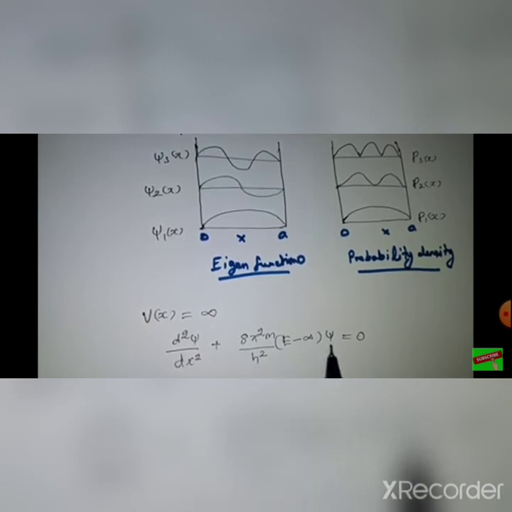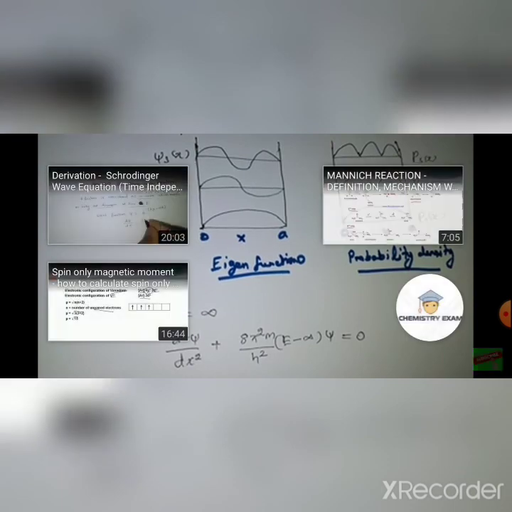Then our equation for one dimension becomes: the first term is d square psi by dx square and the second term is 8 pi square m by h square into (E minus V), with V replaced by infinity, so E minus infinity into psi, equal to 0. This equation is written in terms of one dimension and in terms of h in quantum mechanics, and previously we applied the condition V equal to 0, now V is equal to infinity.